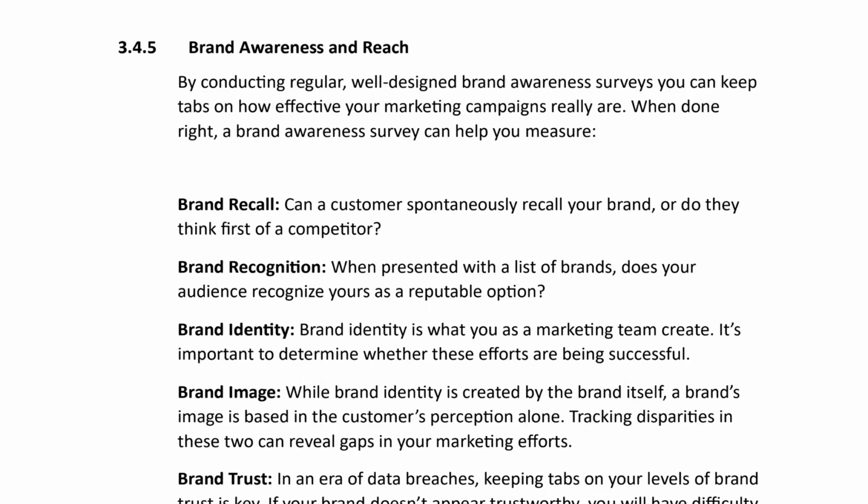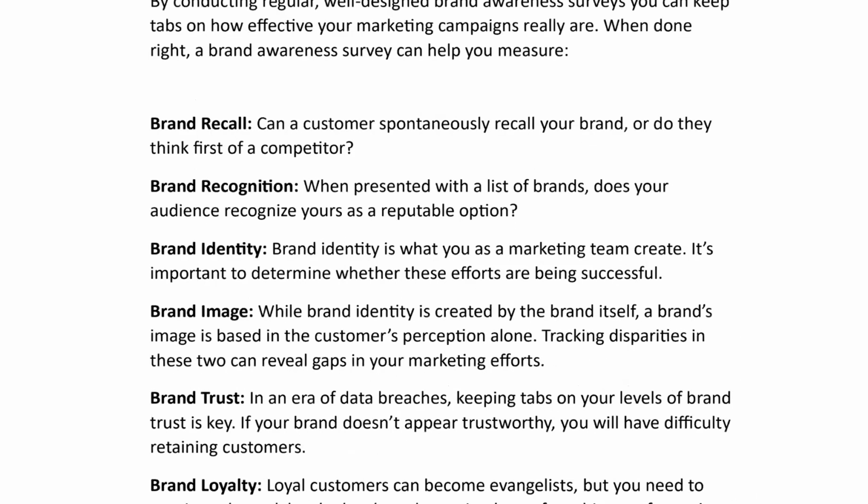Are they able to recognize the brand? When customers have been presented with a list of brands, do they recognize yours as a reputable option? It should help in brand identity.